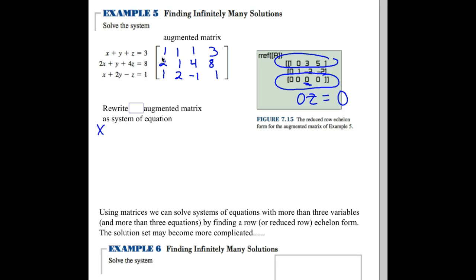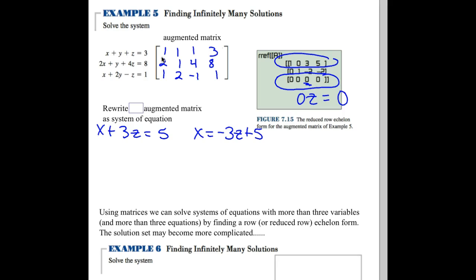It tells me that x plus 3z's has to equal 5. And if I solve that for x, I'd have to move my negative 3z's to the other side. So now I have x being an expression that involves some z's.